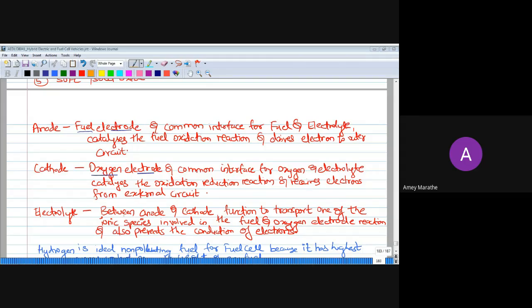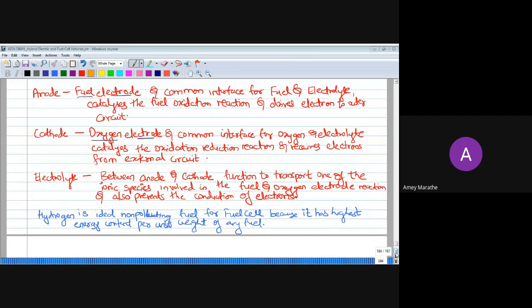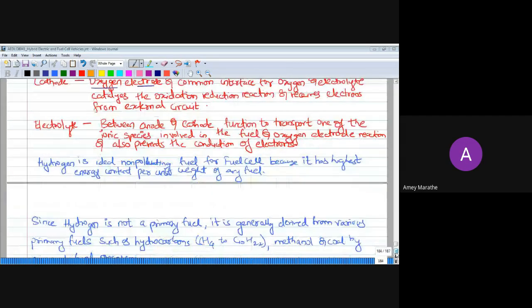Similarly, the electrolyte is present between anode and cathode. The function is to transport one of the ionic species involved in the fuel and the oxygen electrode reaction, and it also prevents the conduction of electrons, because that will give rise to a short circuit. So why is hydrogen most suitable?